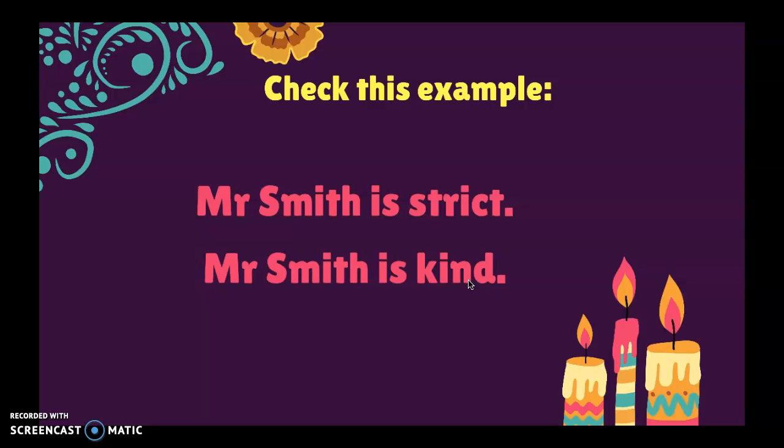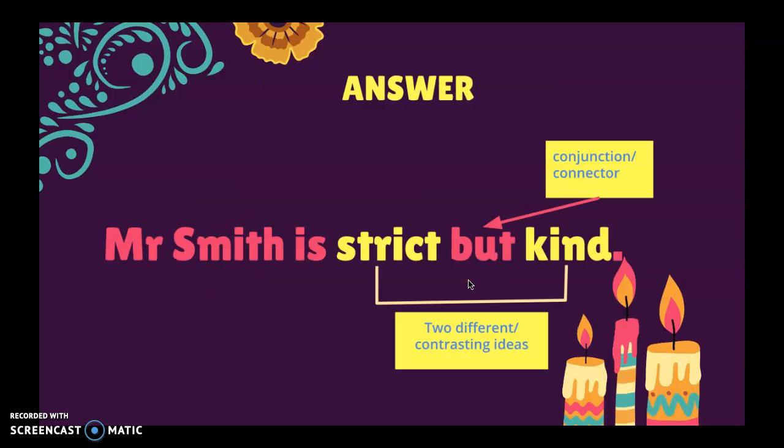And remember, as I said, what do you think the connector is? Am I going to use "and"? Am I going to use "but" to combine them into one sentence? Try to figure it out. Let's try. Yes. Mr. Smith is strict but kind.